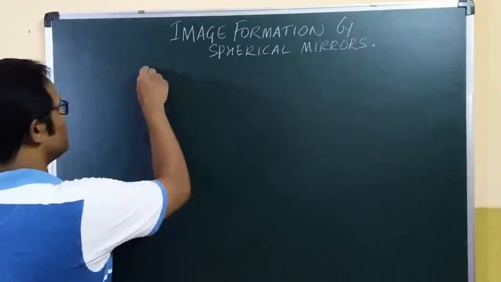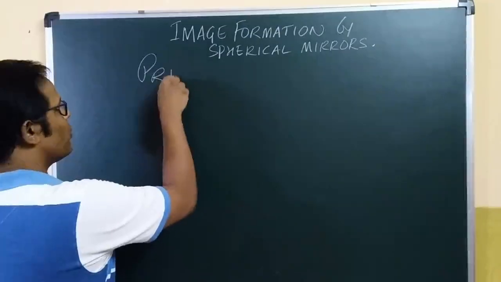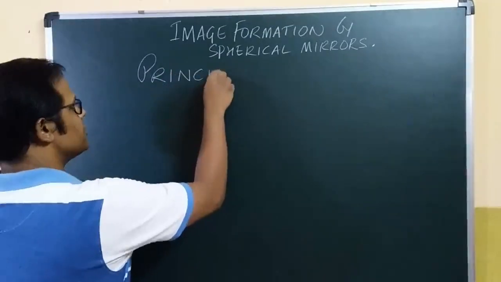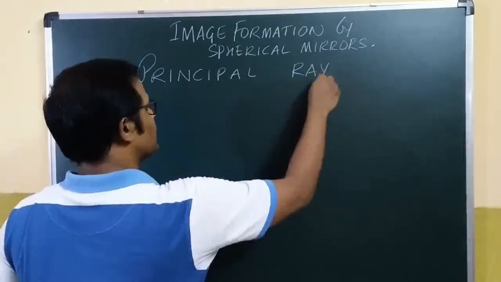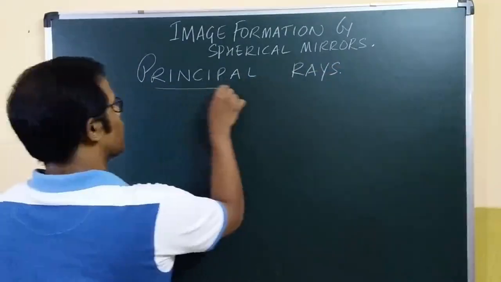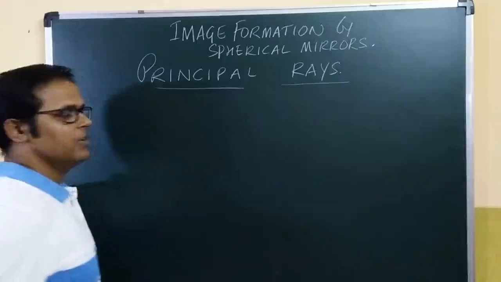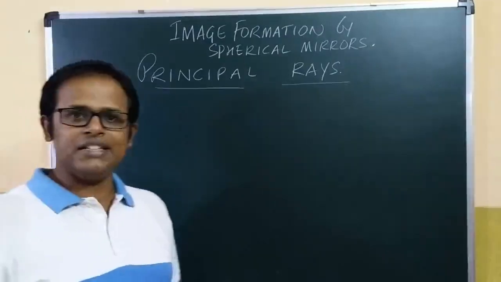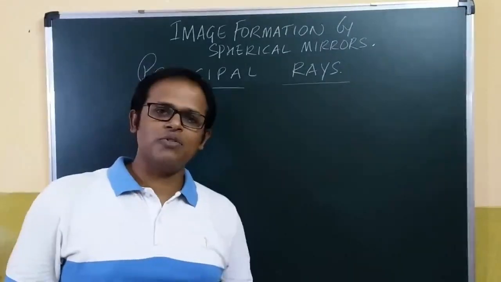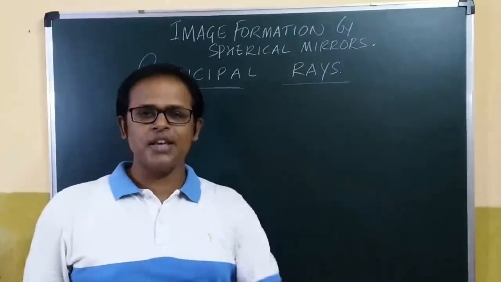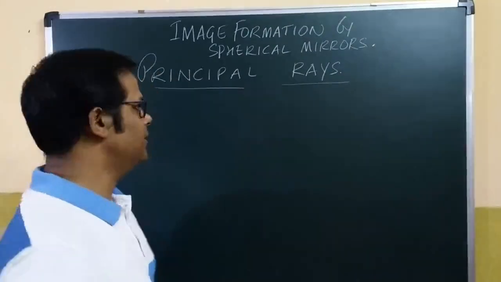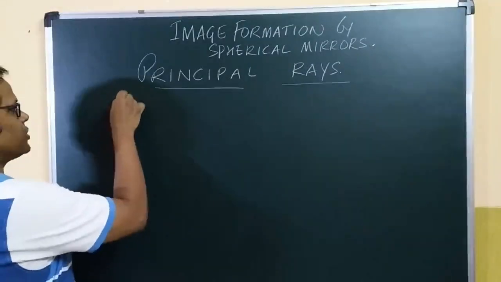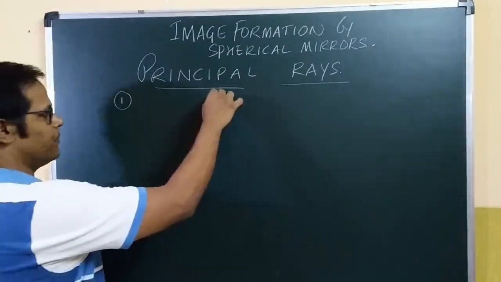So let me first of all make it very clear what are those principal rays valid for both concave as well as convex mirrors. They are called principal rays. In totality, for concave mirror we have 4 principal rays. For convex mirrors we have 4 principal rays. Is that clear? Right. Let me show you the principal ray number 1.